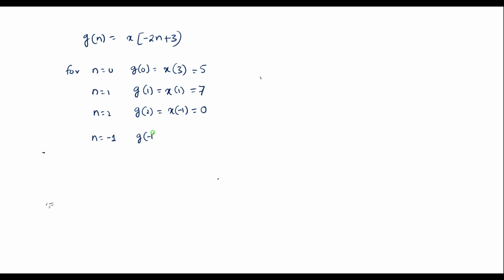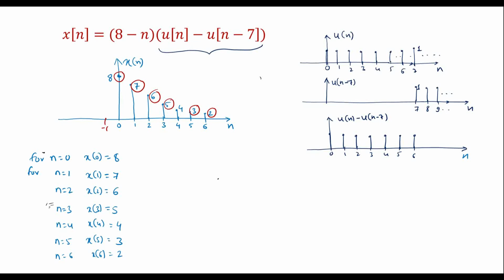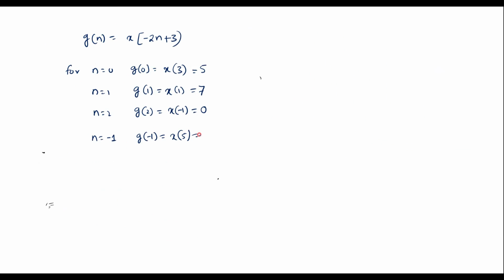So g of minus 1 is equal to, substitute n equal to minus 1, that is 2 plus 3, x of 5. So x of 5 is 3. Now consider n equal to minus 2. In that case, it will be 4 plus 3, 7. g of minus 2 is equal to x of 7, which is again 0. So here onwards all the values will be 0.